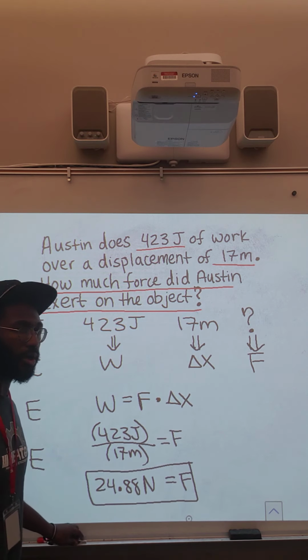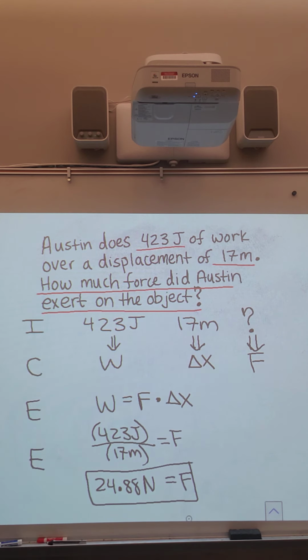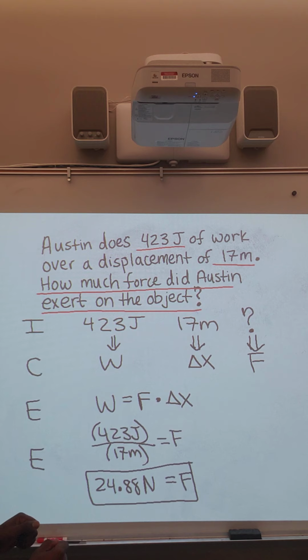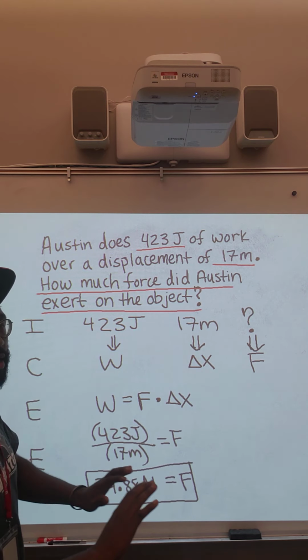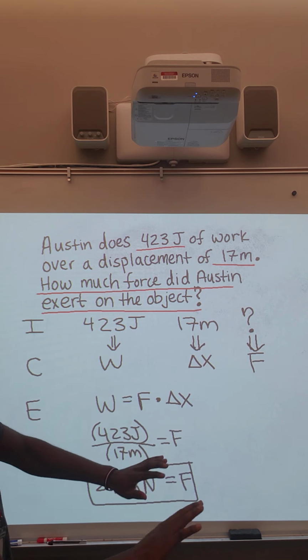So now let's take a pause just to make sure we understand what this problem is telling us. It is saying that if Austin is trying to move whatever object this is 17 meters, I've got to apply a force of 24.88 newtons for those 17 meters.